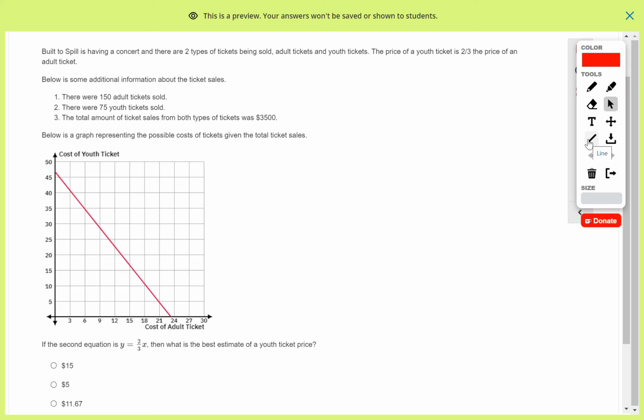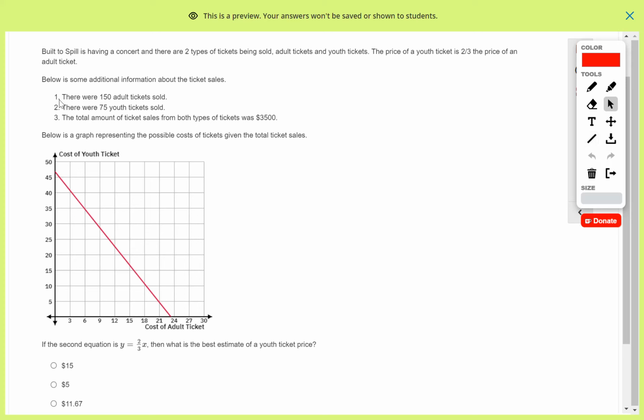Below is a graph representing the possible costs of tickets given the total ticket sales. If the second equation in the system is y equals 2/3 x, then what is the best estimate of a youth ticket price? So maybe take a minute, pause the video, and see if you can think about what to do with this information, and maybe what information you don't need to really worry about.